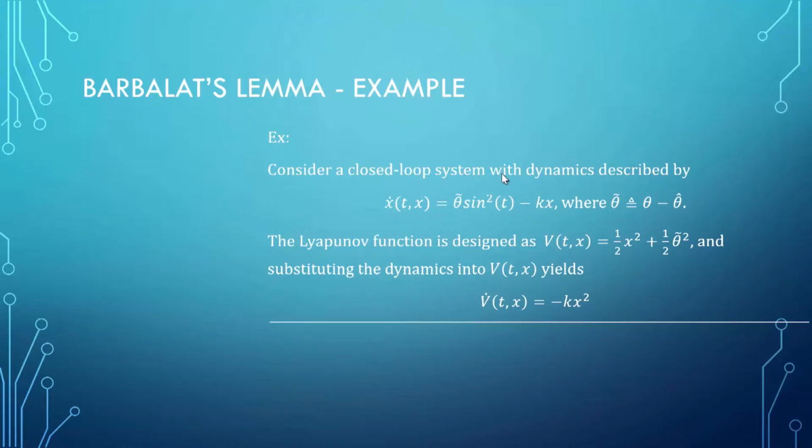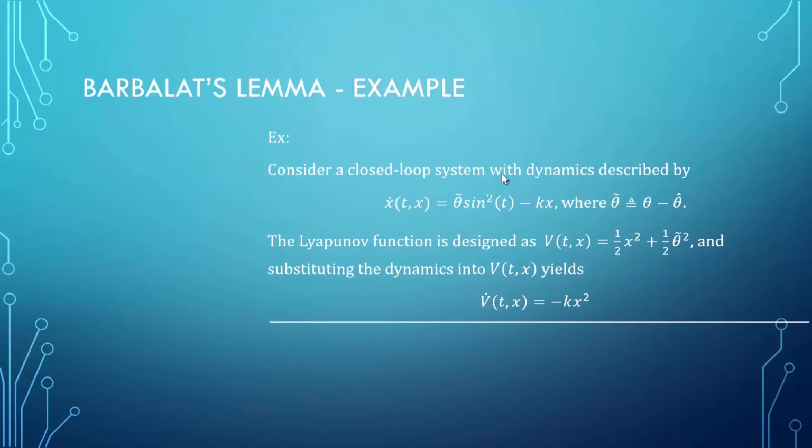So, for example, here is a case where we apply Barbalat's lemma. Given nonlinear non-autonomous dynamics, because here you see the t components, theta tilde is the estimate error of theta, and theta hat is the estimate value of theta.